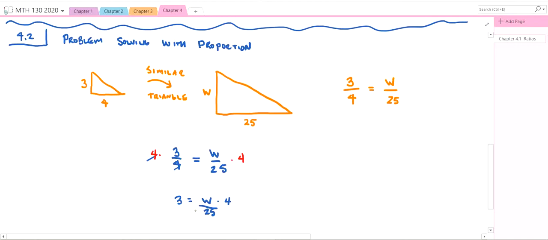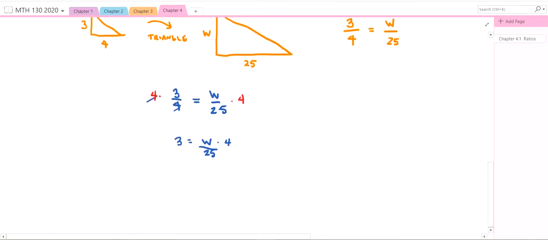I probably should have thought about it first before I started doing this, because multiplying by 4 was kind of a waste of time. Let's go back, actually, because I want to isolate W. So I already have 3 over 4 on this left side, and I have W over here. What I really want to do is multiply by 25.